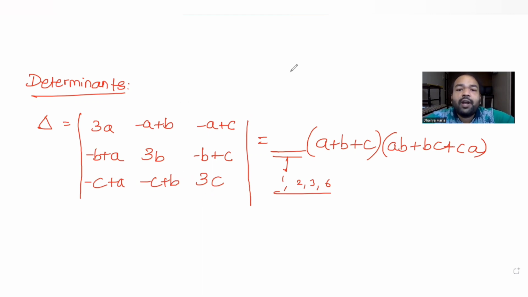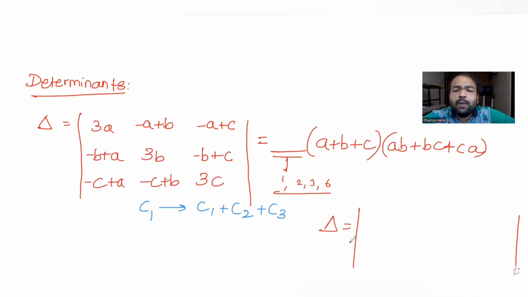So the first idea here is to apply a column transformation. I am changing my column C1 to C1 plus C2 plus C3. If I change C1, I get a plus b plus c.